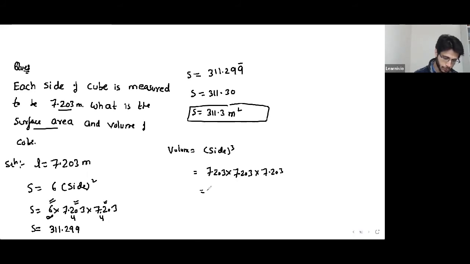This comes out to be 373.714. This has 4 significant figures, this has 4, this has 4. So the final result should have 4 significant figures. If I round off this 4, this 1 will remain as it is: 373.71. If I round off this 1, then this 7 will remain as it is. This is 373.7 meter cube.